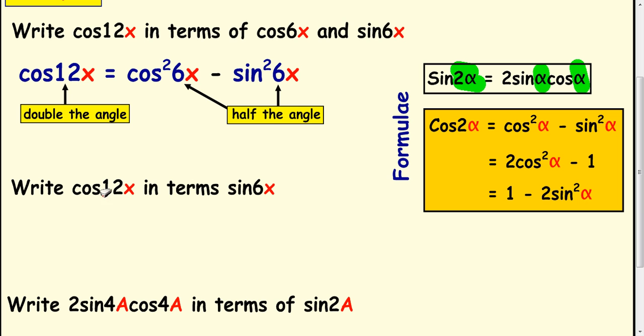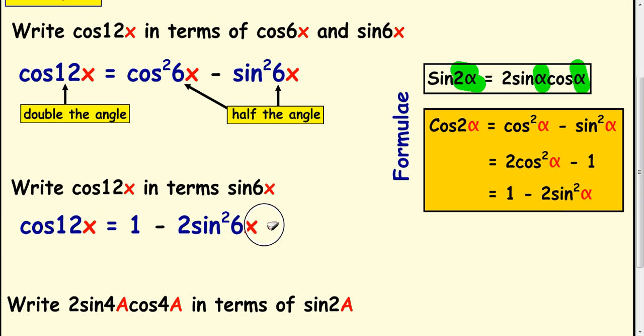If you just wanted to write it in terms of just sine, then you'd look for the one that we can change to just have a sine in it, and that's the bottom one. So it's going to be 1 minus 2 sine squared 6x. Notice that the 12 goes to a 6 again. Nothing else changes. It's just the angle that you're halving or doubling.